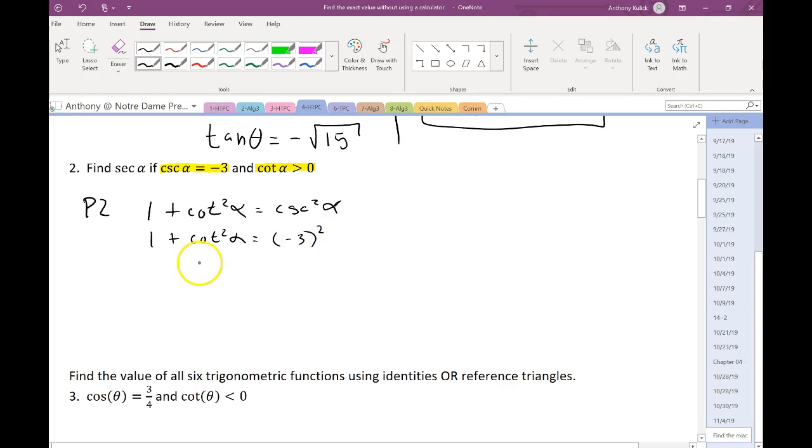And then when I solve for cotangent, negative 3 squared is 9, and I subtract 1 from both sides, I get 8. I square root both sides, I get plus or minus the square root of 8. And when I simplify that, I get plus or minus root 2 over 2. So I skipped some of those algebra solving steps there, just in the interest of conserving some space.